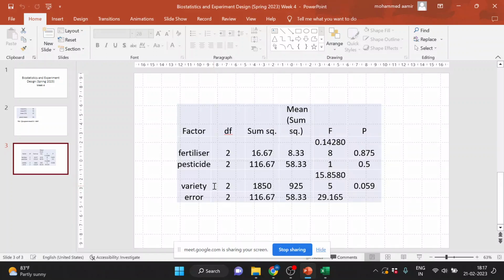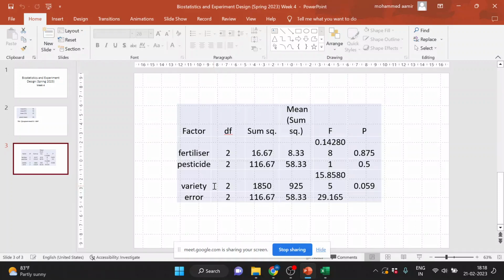Sir, please, for error degrees of freedom, can you please elaborate your answer? Yeah, so how you can calculate degrees of freedom of error is, there's another way to do it. You have the total number of degrees of freedom, that is 8, for 9 data points. That is your total degrees of freedom.